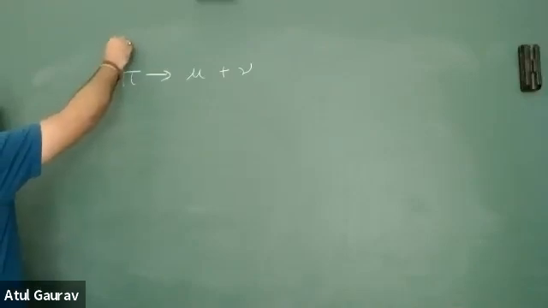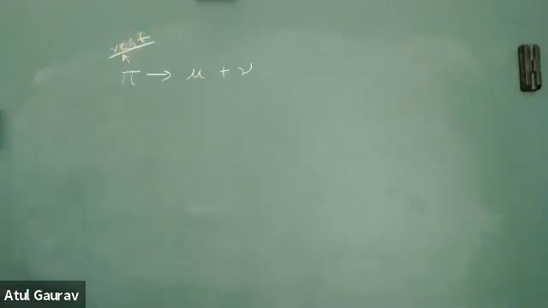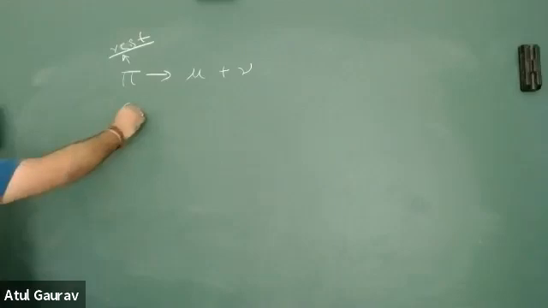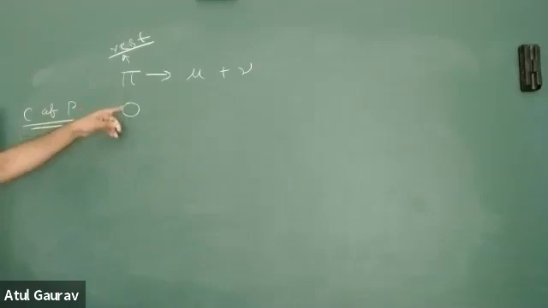If the pion is at rest, then what will be the momentum of the pion? 0. So the momentum of the pion is 0. I am using conservation of momentum. So the pion is at rest, so it has 0 momentum.